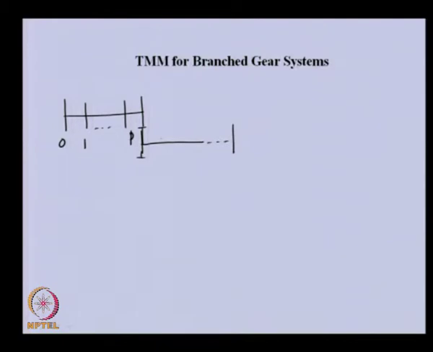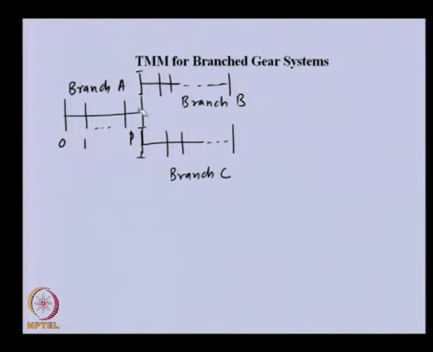another shaft system. So, let us say this particular branch we are giving the name branch A, this is branch C, and at the top there is another branch, let us say, branch B. So, basically this is a pinion and is driving this gear as well as this gear.